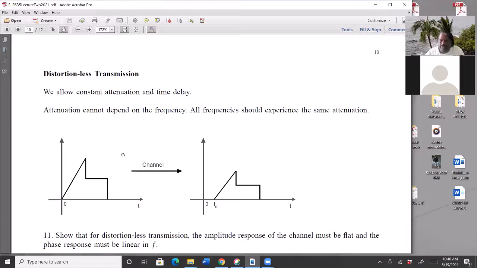That shape is important at the receiver. It could get crunched vertically, it doesn't matter, but it should not get crunched horizontally. The timing is important, but vertically, the attenuation is not a problem.